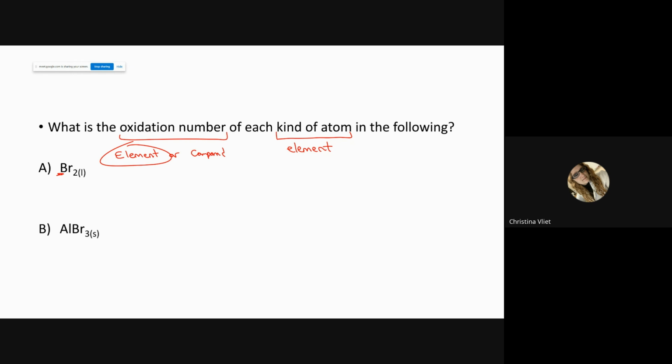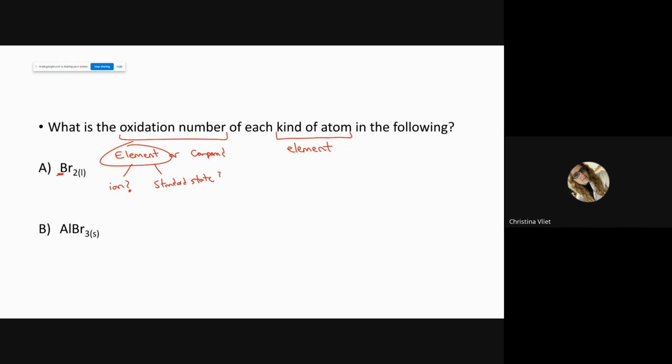Well, the next question for the element. Is it an ion or is it in its standard state? So that's really the only two options in the rules we have for elements. When we're analyzing this, these are the two questions we should ask ourselves.